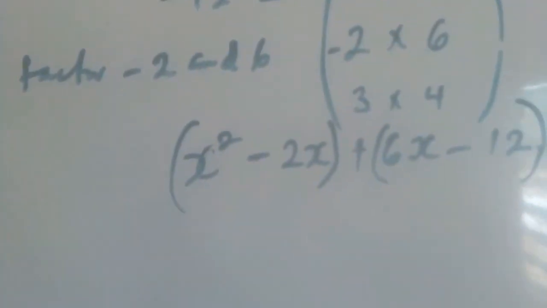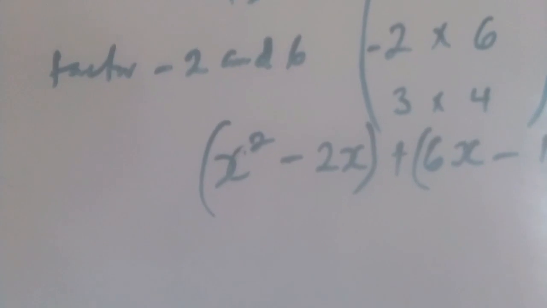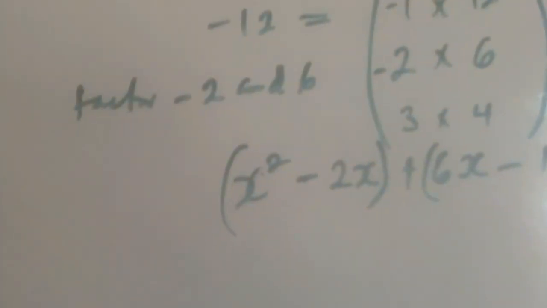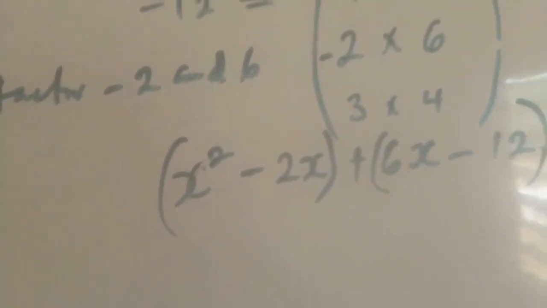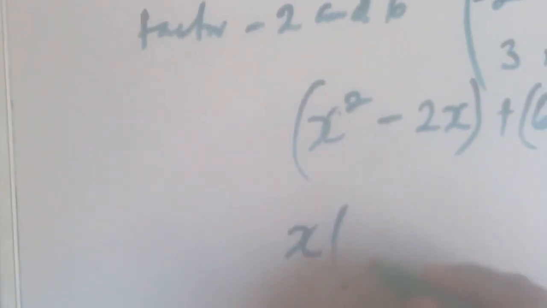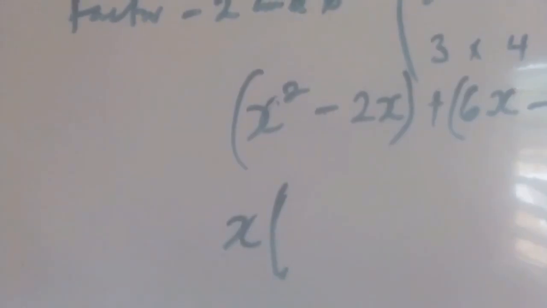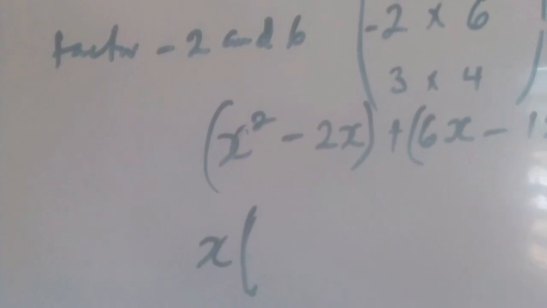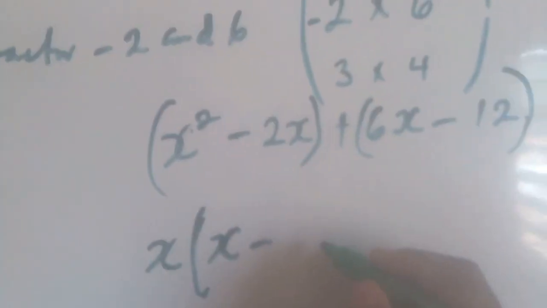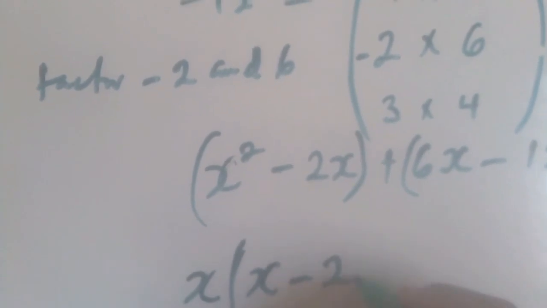Now we can look at the common factor in the first bracket here. You can see that x is the common factor because x can divide x squared. We bring x out of the bracket. If we use x to divide x squared, we will be left with x, and if you use x to divide 2x, we'll be left with 2, so x minus 2.